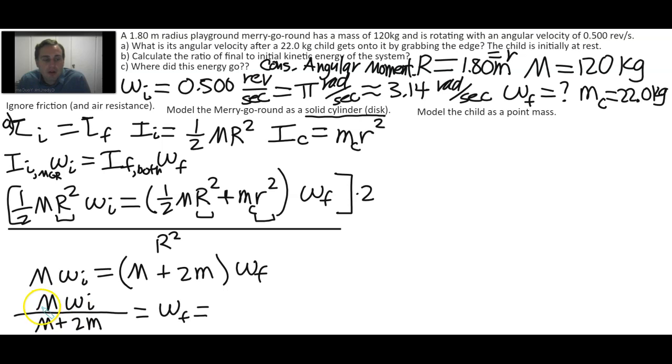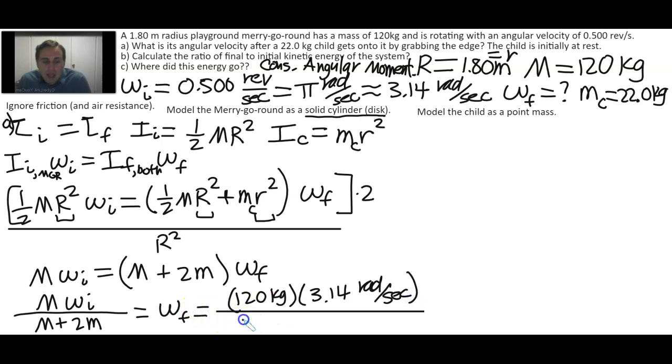So the mass of the merry-go-round is big M. That's 120 kilograms. The initial angular velocity was about pi, so that's about 3.14, rounded to 3 significant digits, radians per second. And we divide that by, big M is 120 kilograms, and the child's mass is 22 kilograms.